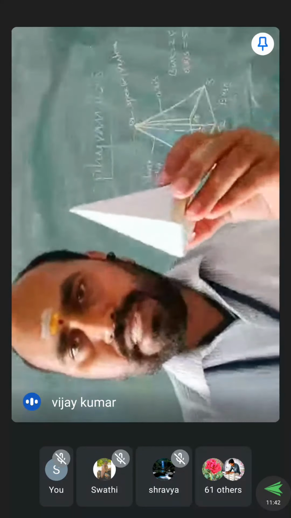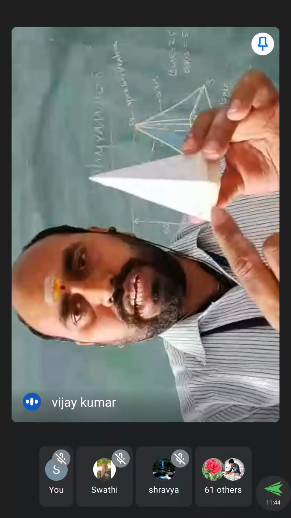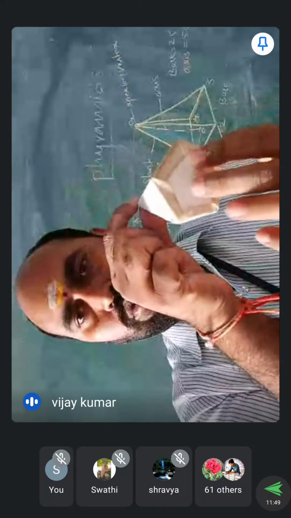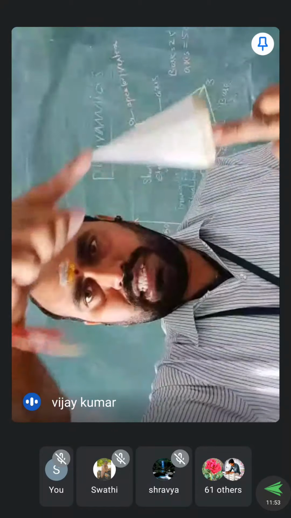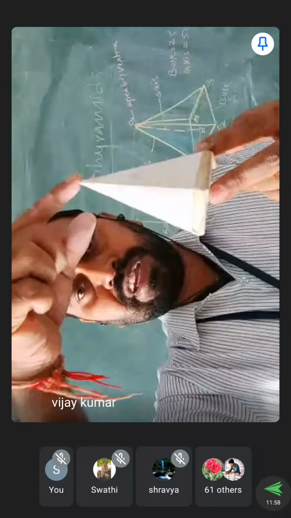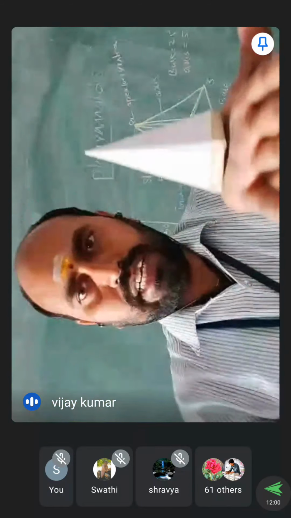If I give the side of base 20 mm and the axis from center to center, the imaginary line joining the centers is nothing but the axis. The axis is nothing but the height of a pyramid. So it is standing like this.